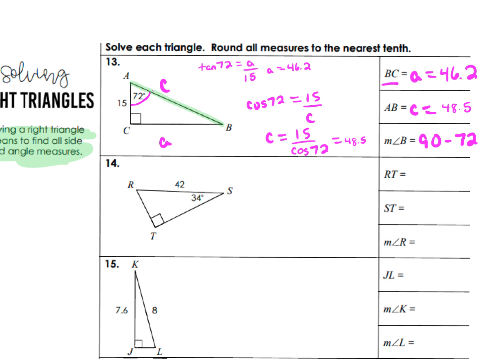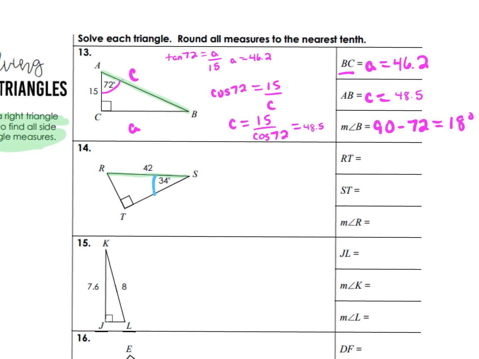Let's set up 14. We won't actually go through the process of solving, but I do want you to get some practice with SOHCAHTOA. So I'm going to highlight that hypotenuse again. And we are looking at this angle as reference. So how are we going to find angle R?